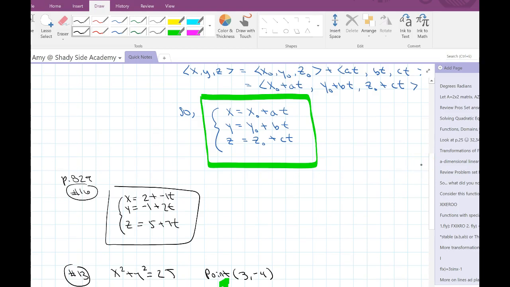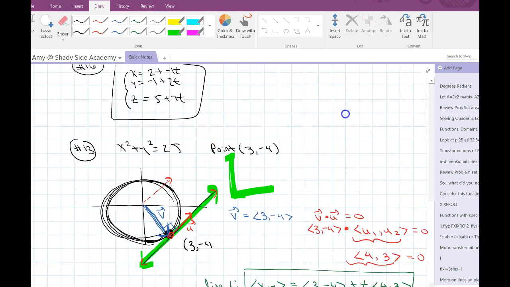Ladies and gentlemen, if those 2 lines were indeed parallel, what would you be able to say about the vector ABC of one line and the corresponding vector ABC of the other line? Yes, you would say that those 2 vectors would be scalar multiples of one another, right?